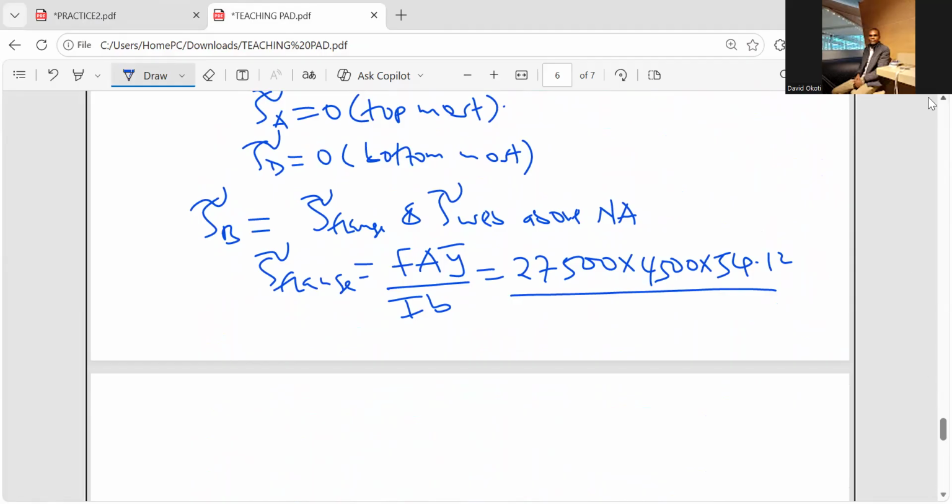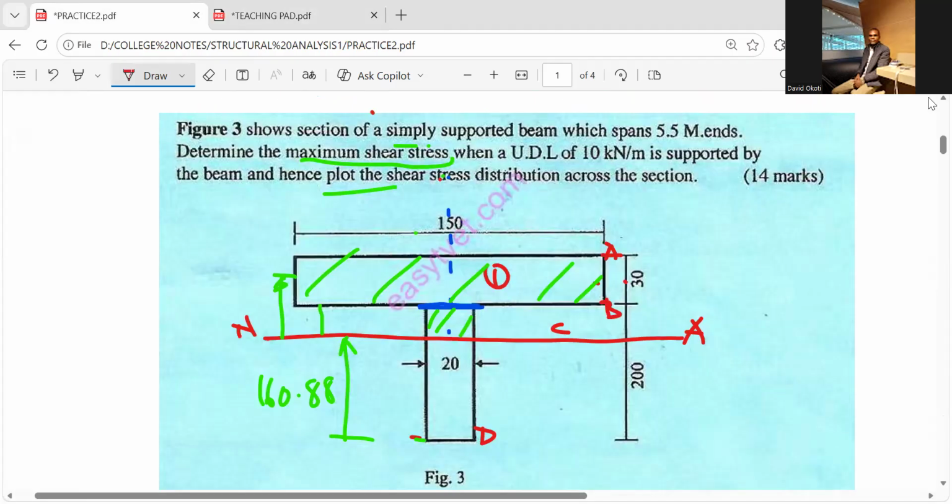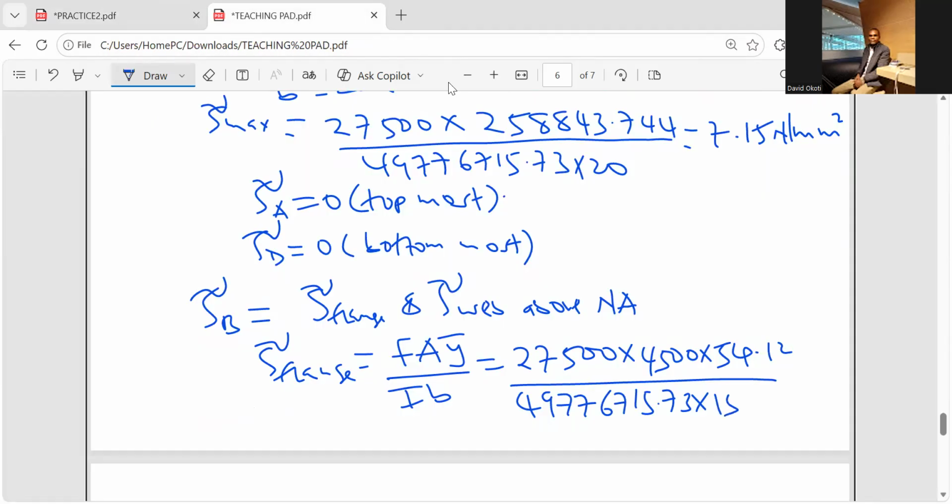We said F and I do not change, so I'll just take that value, 49,77,67,15.73 times, but now the value of B will change. For the case of flange, the value of B is 150, the horizontal dimension, and not 20. So I will use 150 here and not 20.